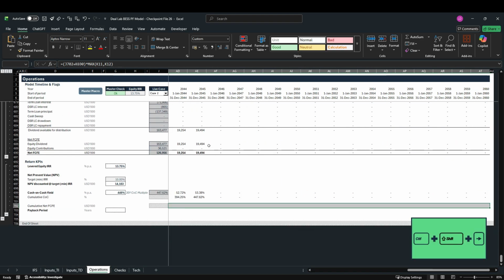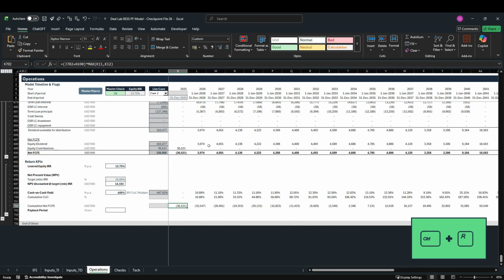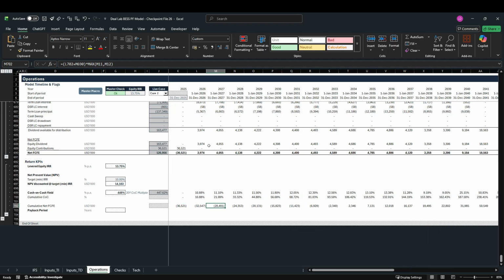Then we can drag it over, Control R. And you can see that initially the equity investor is money out, 36 million. And in year 2034, we see that the equity investor will have all the initial investment back because our cumulative net free cash flow to equity has turned positive.